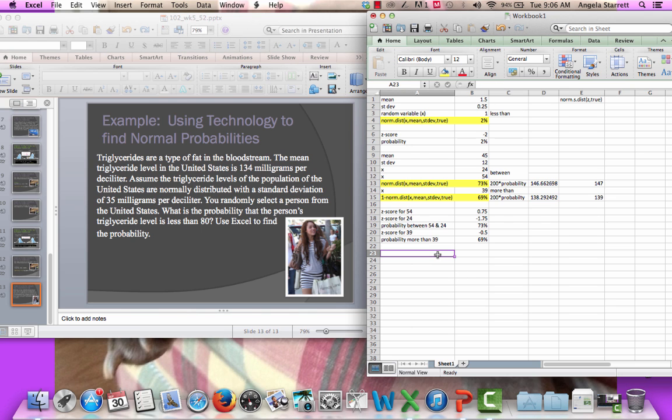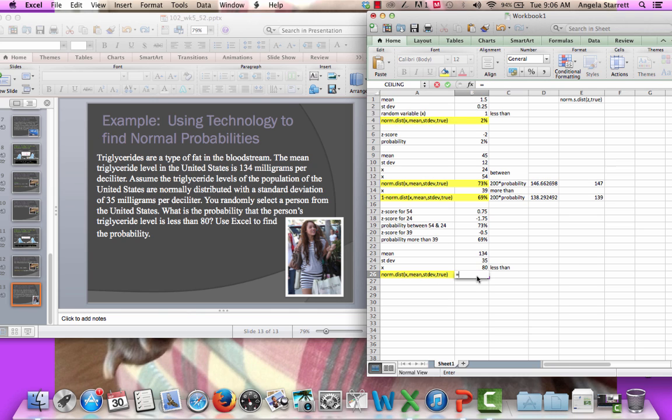Again, we've got to have a mean, a standard deviation, and an x. Our mean is 134 milligrams per deciliter. Our standard deviation is 35. Our x is 80, and what do we want, guys? We want less than 80. This isn't too bad. This is just our plain old function here.